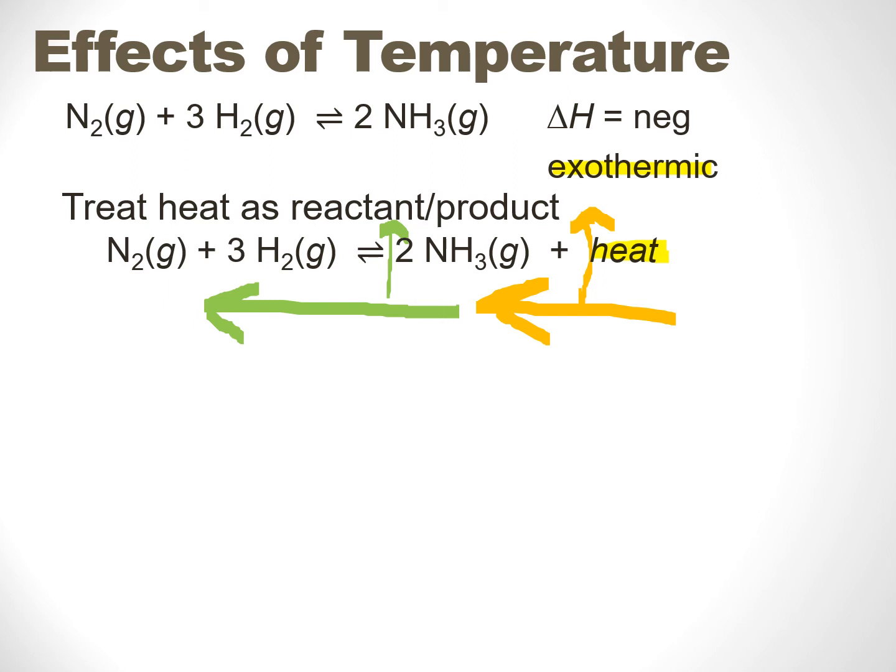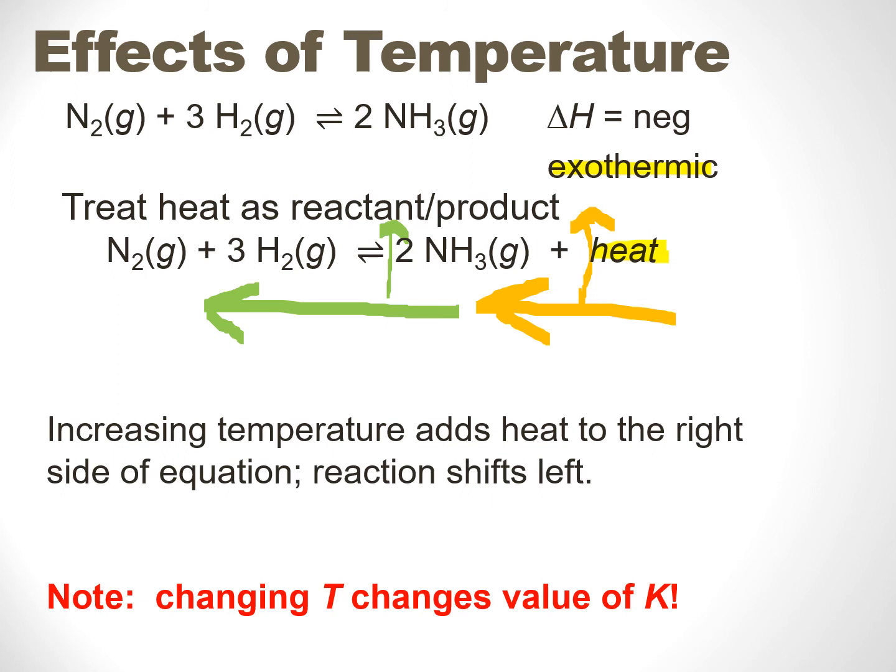But temperature does change the equilibrium constant. So when we heat up or cool down the system, we are actually changing the value of K, and that makes things a little bit more complicated. There is, in fact, an equation that we will see at the very end that states the mathematical relationship between delta H and the equilibrium constant.